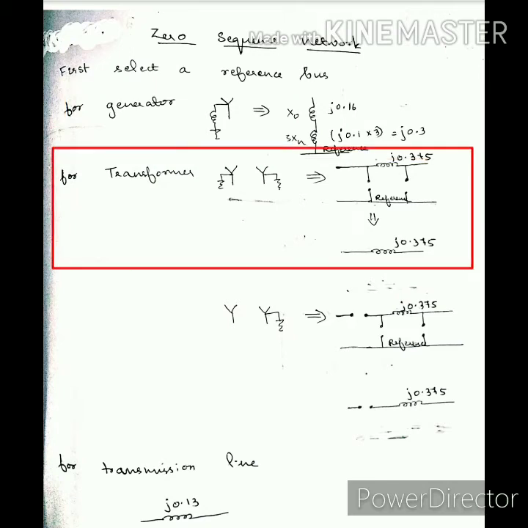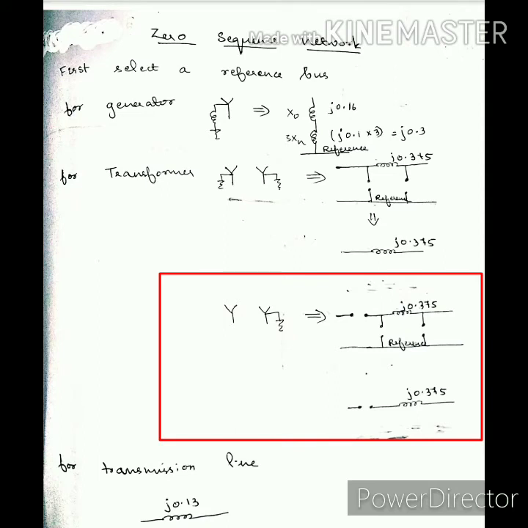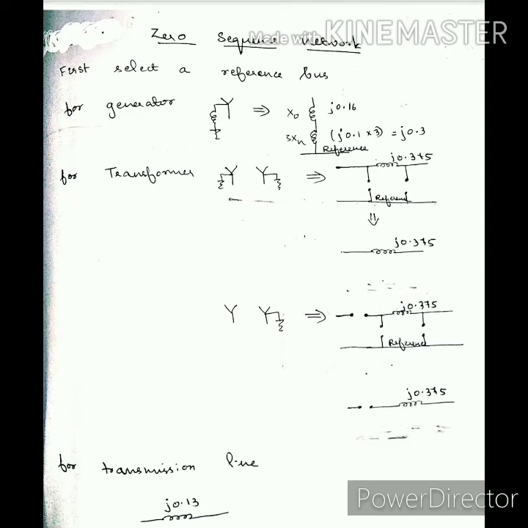For that equivalent circuit, again I'll get j0.375. Now if you see in the next diagram, the reference I have avoided because both side shunts are open, so that grounding itself you can remove. So it will be just j0.375. For one more transformer, again it will be this equivalent circuit as given. What else do you have?